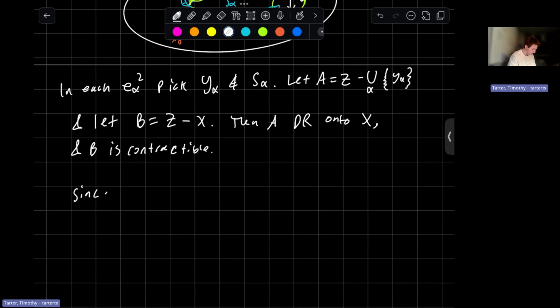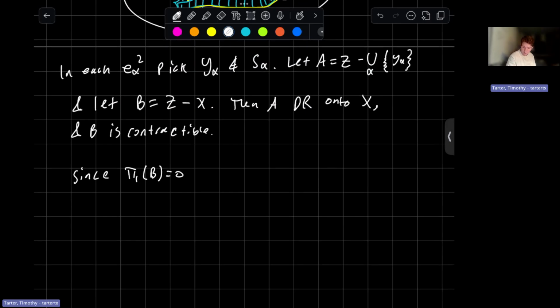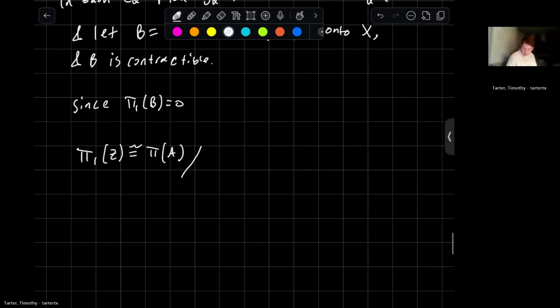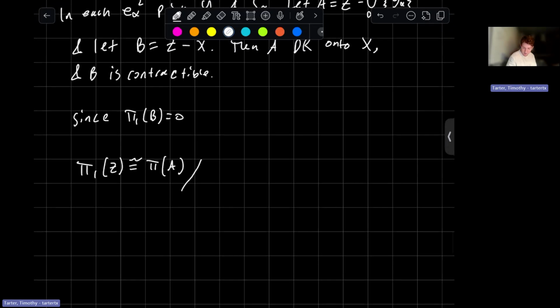So since B is contractible, pi 1 of B is equal to 0, and since pi 1 of B is 0, Van Kampen's theorem applied to the cover A, B says that pi 1 of Z is isomorphic to pi 1 of A mod the normal subgroup generated by the image of the map on the intersection of A and B to pi 1 of A. I don't think we're going to use theta.